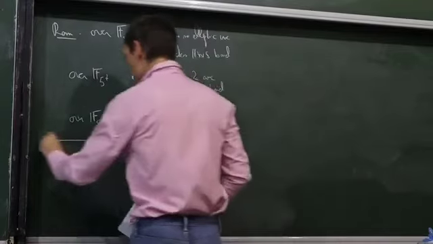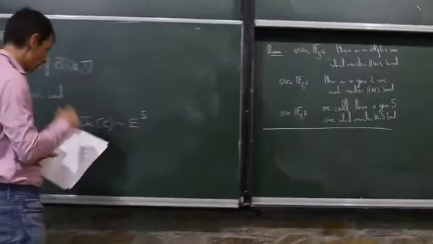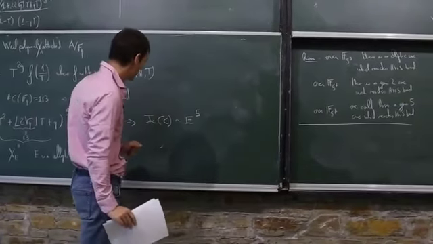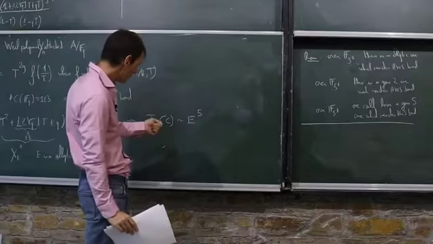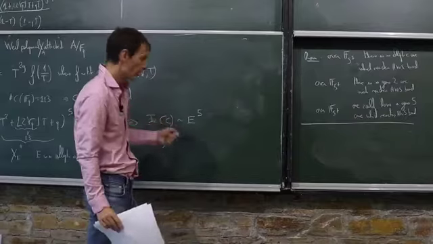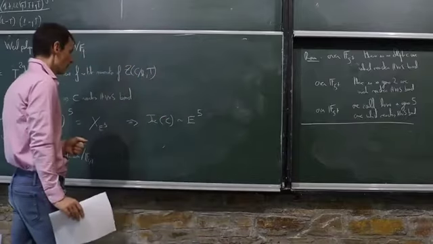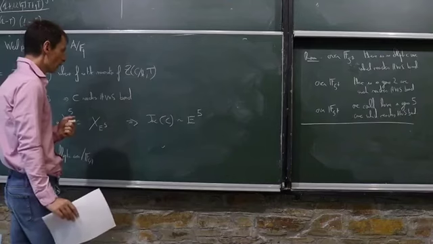Okay. But let me continue with this equality here, or this isogeny between the Jacobian of C and E^5. So by definition of an isogeny, it means that the Jacobian of C is just a quotient of E to the 5th by a finite group. But can we do better? And in this case, we can.